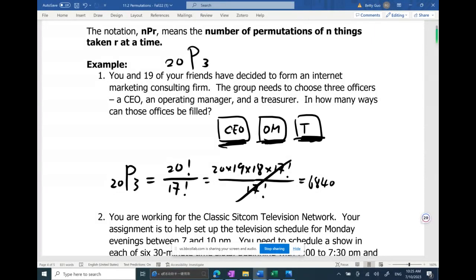You enter 20 first and go to math and go to the right 3 times, PRB, probability, and go down to select nPr and then enter 3, because you only have 3 slots, and you will have the same answer, 6,840. Okay, I'll leave the calculation part to yourself to figure it out. Our focus here is to identify a permutation situation and really see the pattern. All the permutation problems have the same pattern with the example that I gave you at the very beginning.